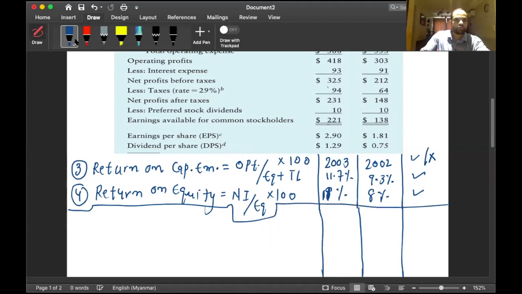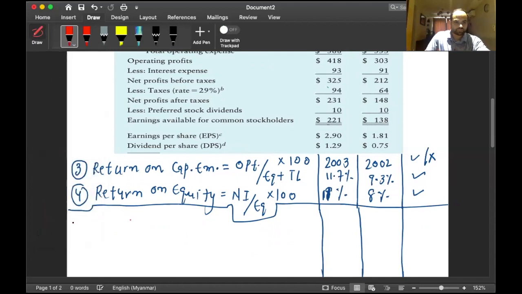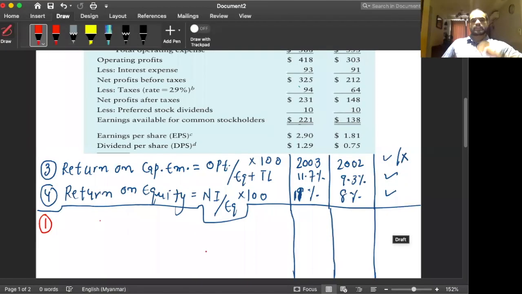Let's move on to the next ratio, which is efficiency. So the next ratio is the efficiency ratio. The first ratio is the assets turnover ratio.